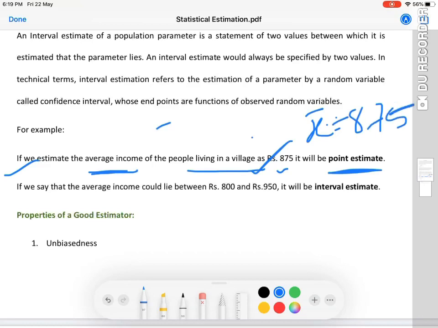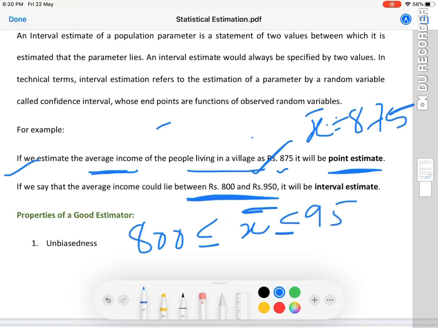Now if we are using normal distribution to find out the probability of their average incomes, then you would get the value between certain limits. So it lies between 800 and 950. Okay, so the mean lies between 800 and 950. If a range is given to you, then it is called an interval estimate.